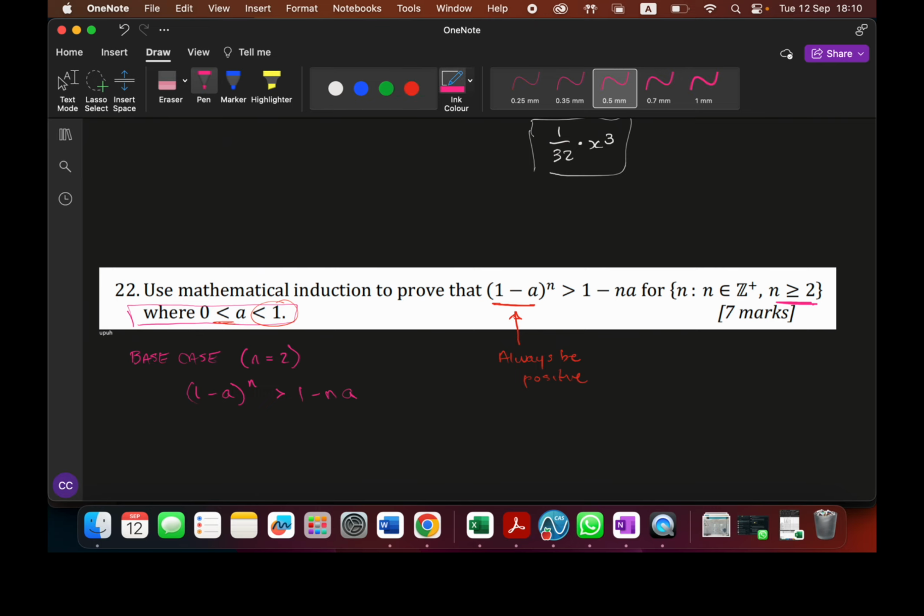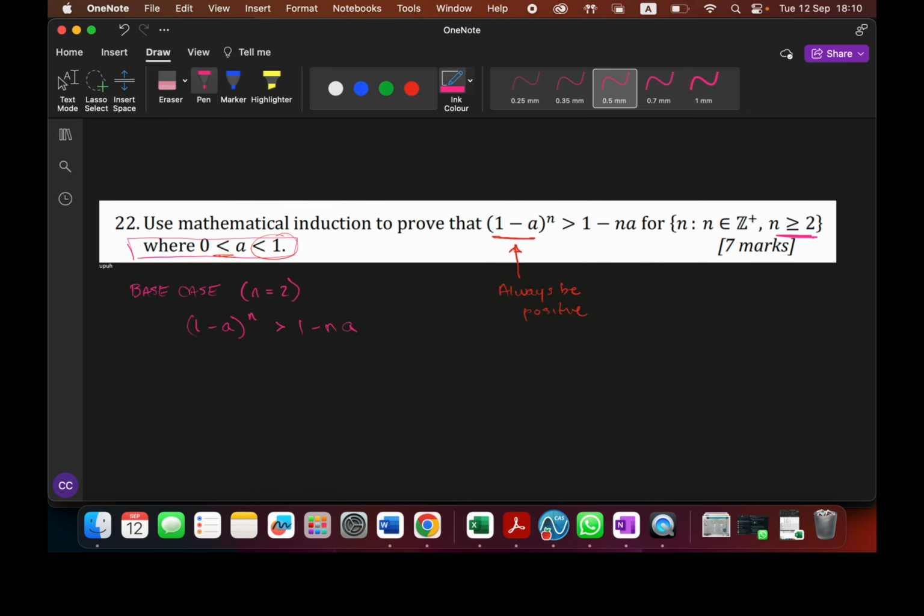All right, now that we have that, let's substitute and see if the base case works. So, is (1 - a)^2 going to be greater than 1 - 2a? Well, (1 - a)^2 would be 1^2 - 2a + a^2.